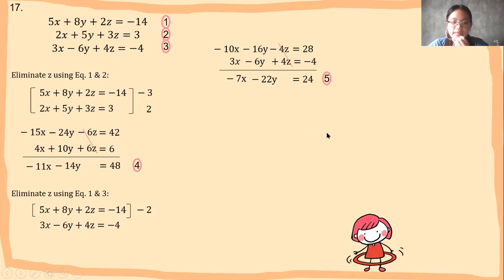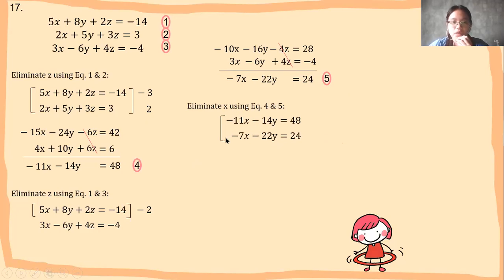So next, we will use again the elimination method. So let's eliminate x using the equation 4 and 5 to get the value of y, or to solve for y. So these two equations, we will be using these two equations. So here is the equation number 4 and the equation number 5.